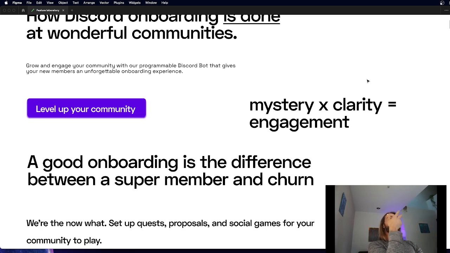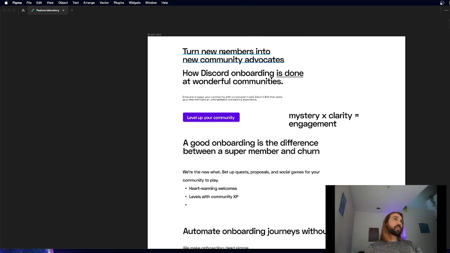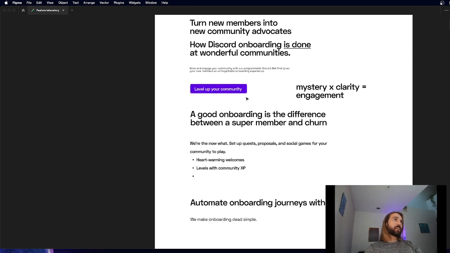But can you be very clear on what you do and still maintain mystery? Then you have really high engagement, and that is the magic balance between these two things. And you do that between these push and pulls, like how Discord member onboarding is done at Wonderful Communities. Slightly mysterious, more clarity in here, where I'm saying more of how it actually works.